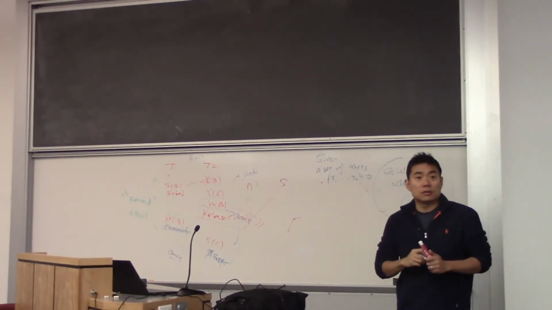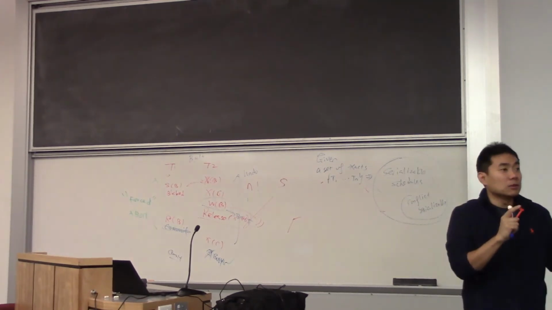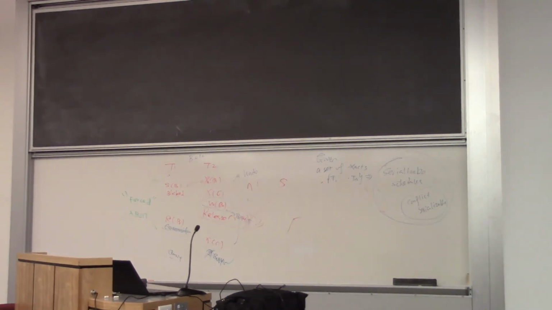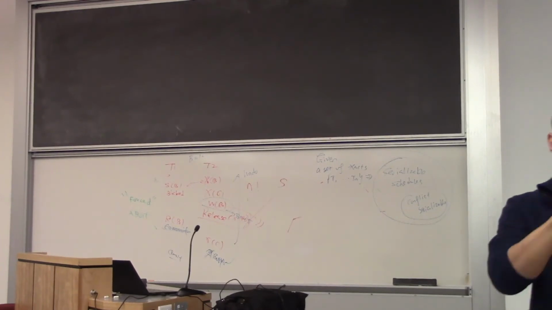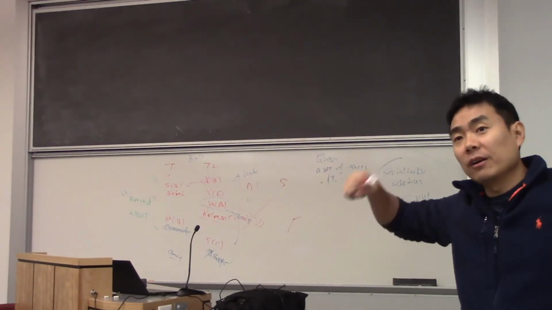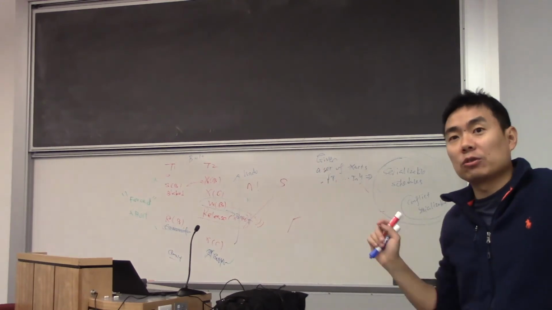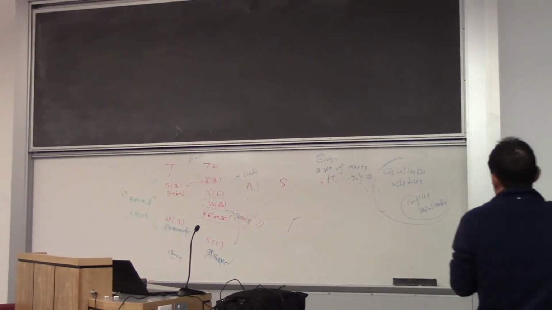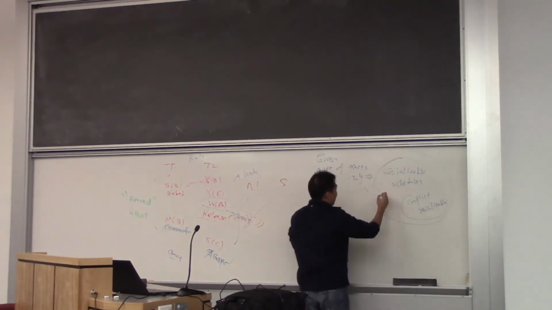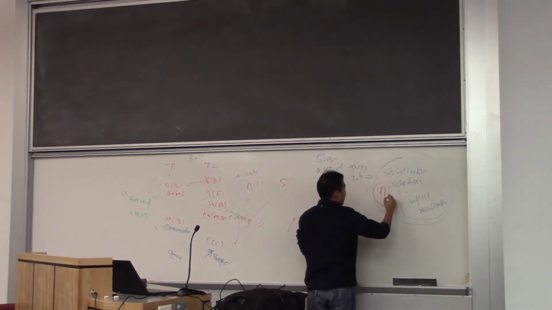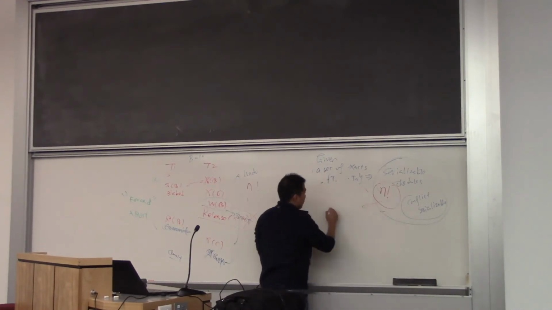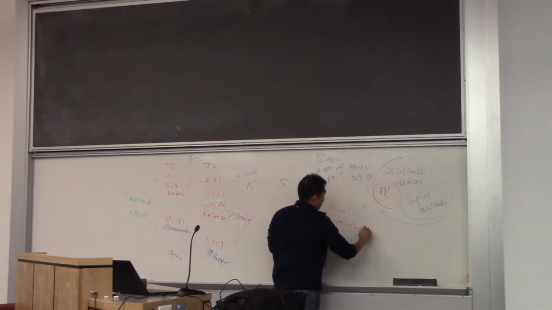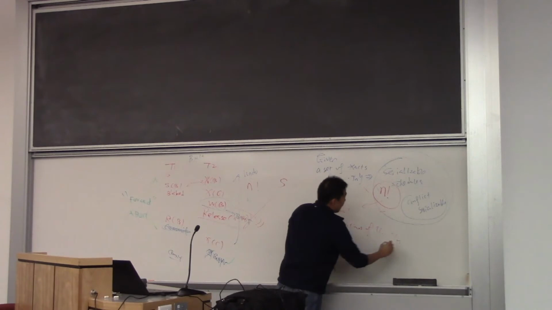Conflict serializable schedules refer to those schedules that are conflict equivalent to one of the serial executions of these transactions. Does that make sense? In other words, among the serializable schedules, I have another subset, n factorial of them, which refer to serial executions of T1 to Tn.